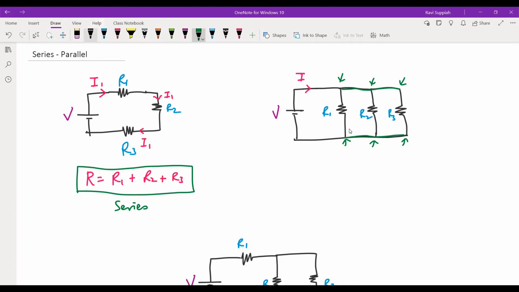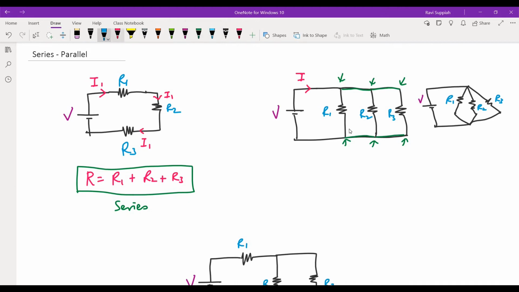That means I can redraw my circuit to make it look like this, where all three split up from the same point and then pass through three different resistors, R1, R2 and R3.